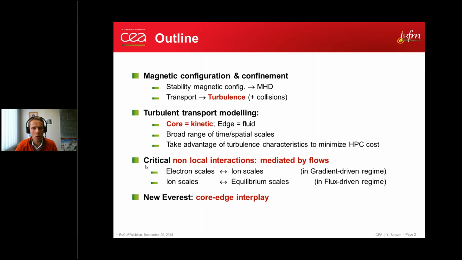And then the last 2 points will deal with the necessity to take into account non-local interactions, and especially the interaction between electron scales and ion scales on the one hand, and on the other hand, between ion scales and equilibrium scales. And as we will see, those interplays between various scales are mediated by flows, by large-scale flows.